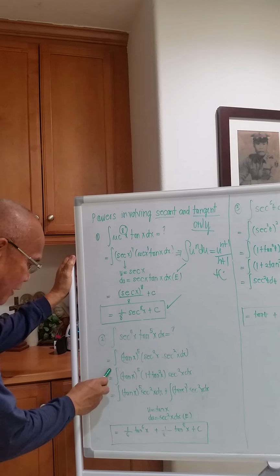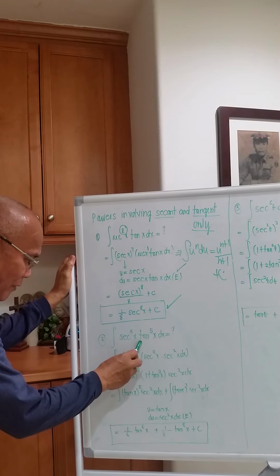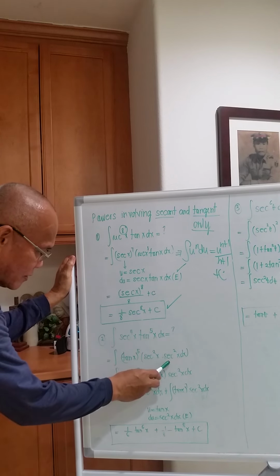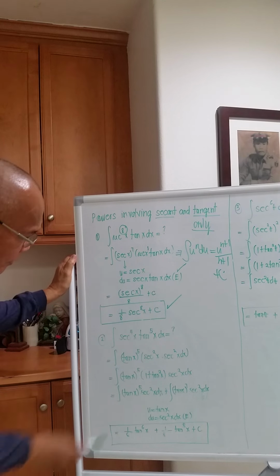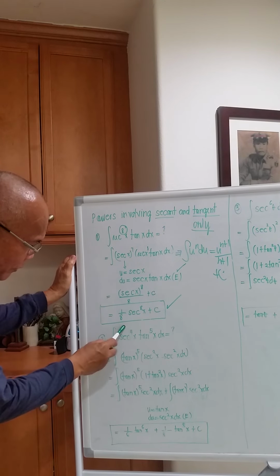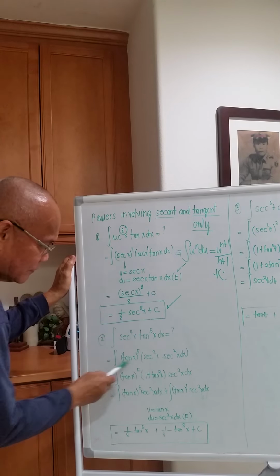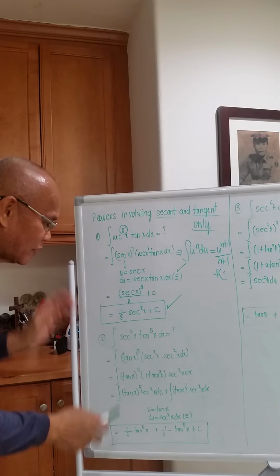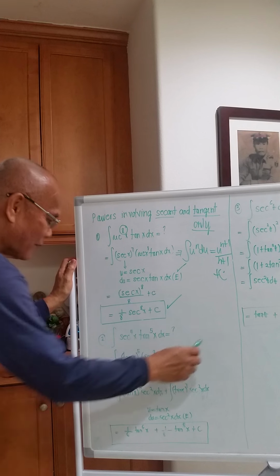This will be equal to the integral of tangent of x to the fifth power, secant to the fourth is secant square times secant square dx. 2 plus 2 is 4. So we just segregate it. When you multiply it, it's still the same as the original problem.